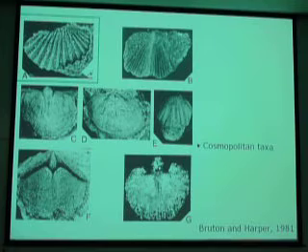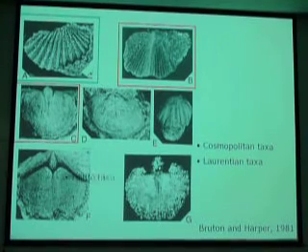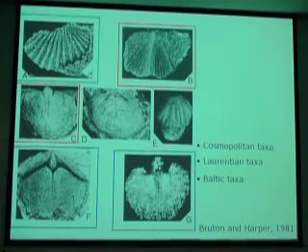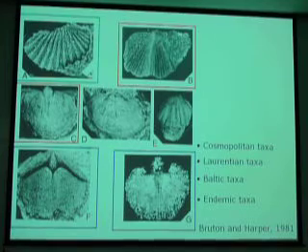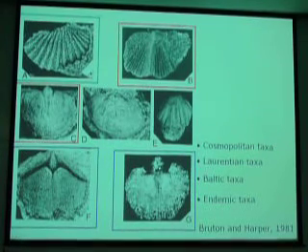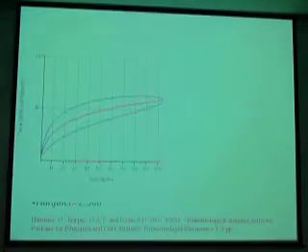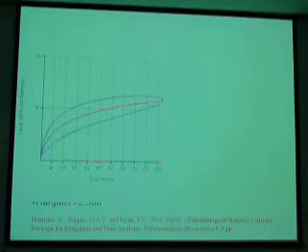Oh, I'm sorry. Well, they're a mixture. That's cosmopolitan taxa. Those are the Laurentian taxa and Baltic taxa there, and the endemic taxa are there. So this is a real mixture for that particular fauna. Where they have been collecting on these islands, the faunas are also extremely rich.